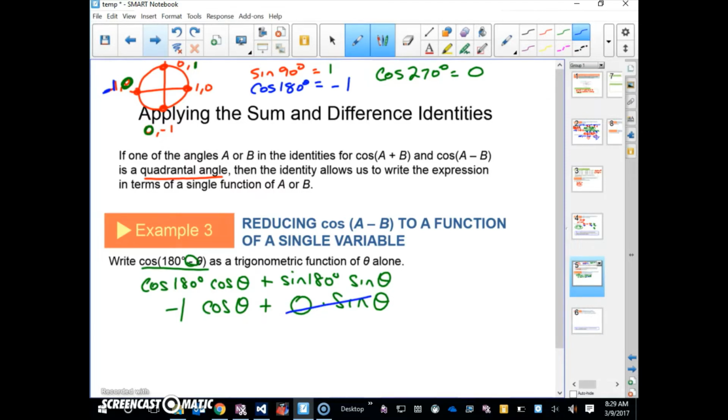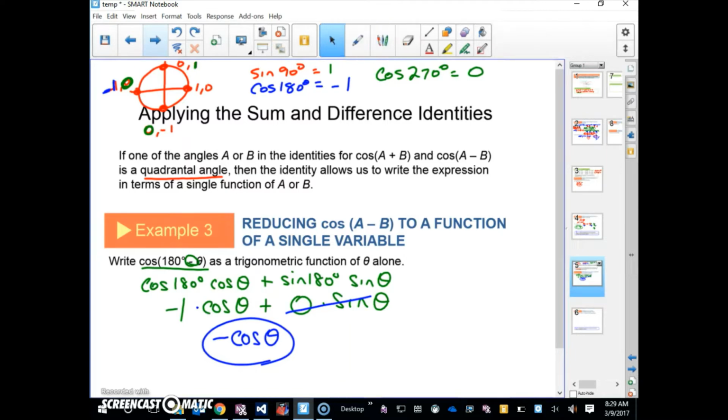I have negative 1 times cosine theta, which is just negative cosine theta. Go back and look at the directions: it says write that as a trig function of theta alone. That's exactly what I did. Negative cosine theta.